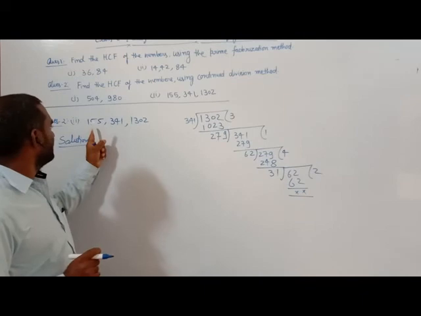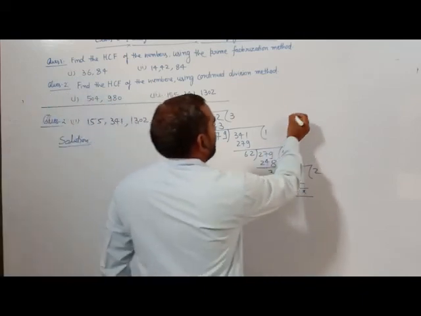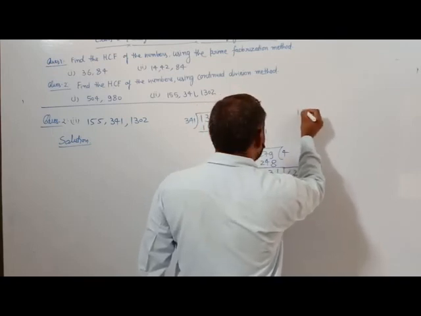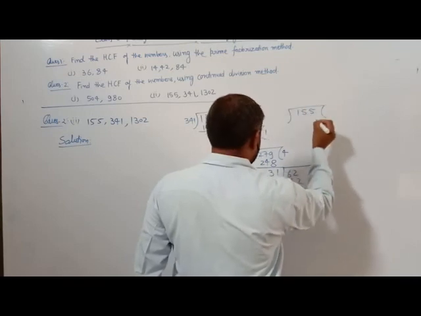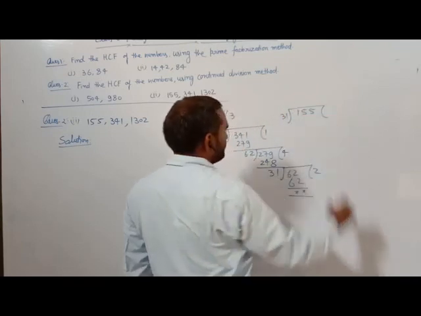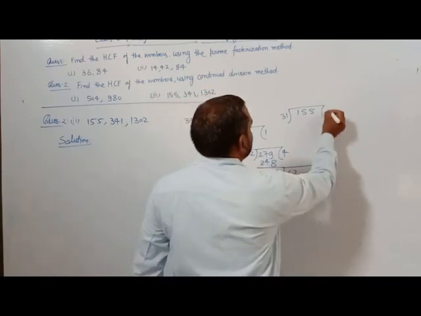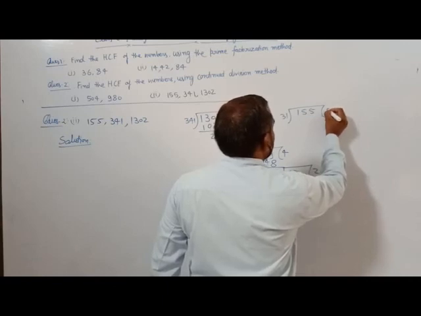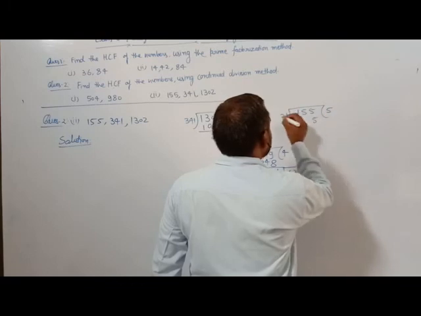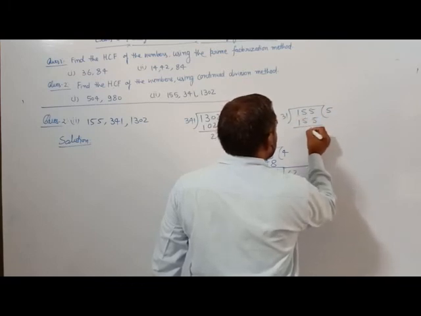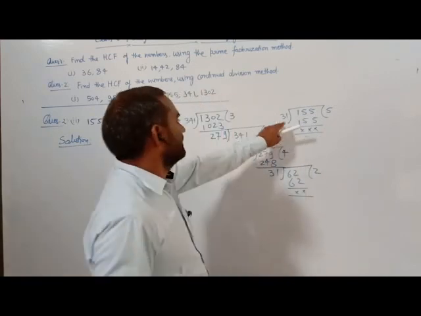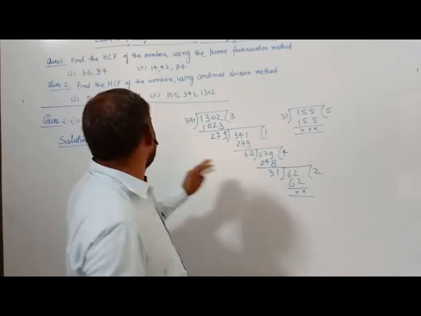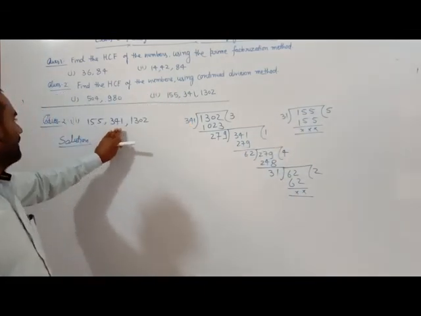Now divide 155 by 31. It goes 5 times. 5 1s are 5, 5 3s are 15. So 31 divides 155 completely. So 31 is the HCF of 155, 341 and 1302.